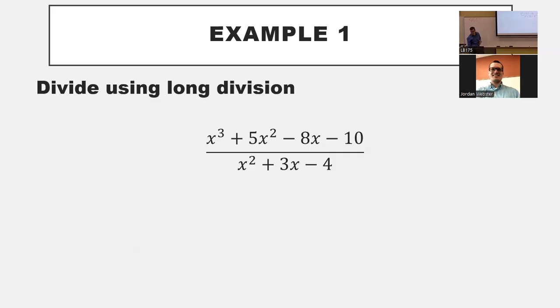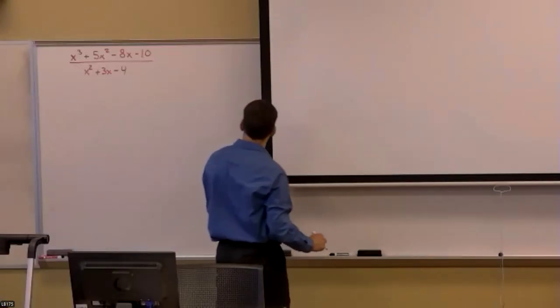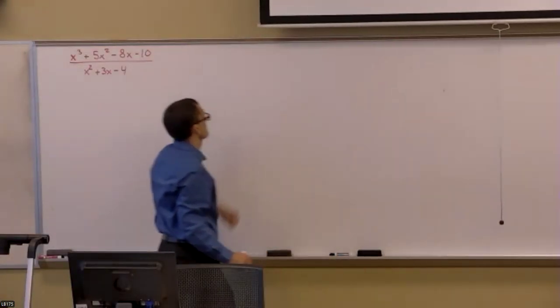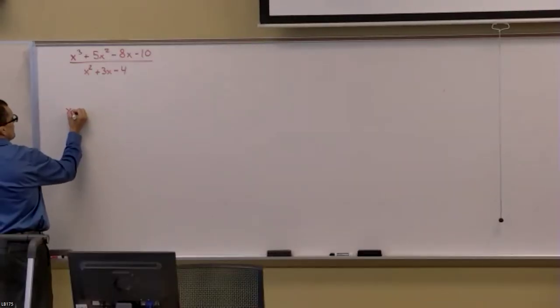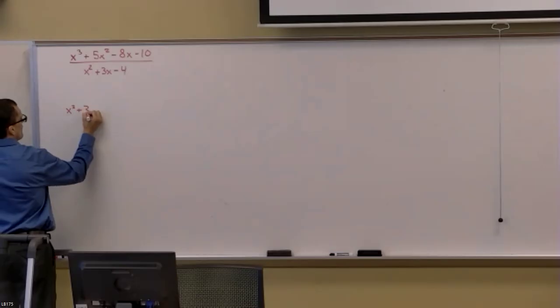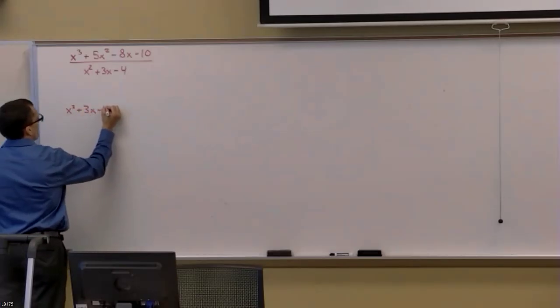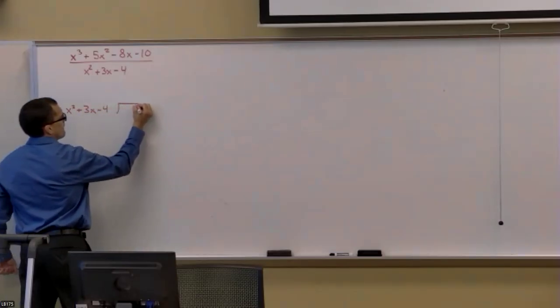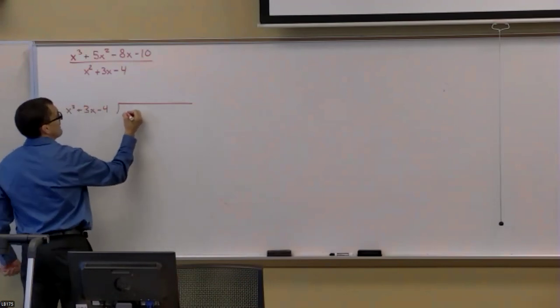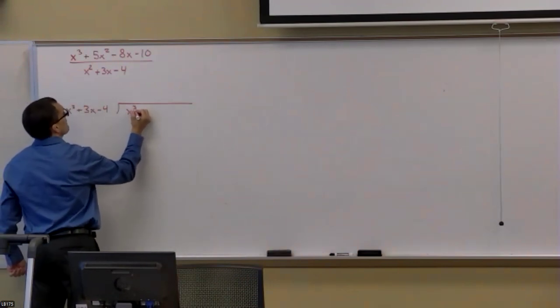And I want to divide those two polynomials. Long division would put the divisor out front and the dividend underneath the long division sign.